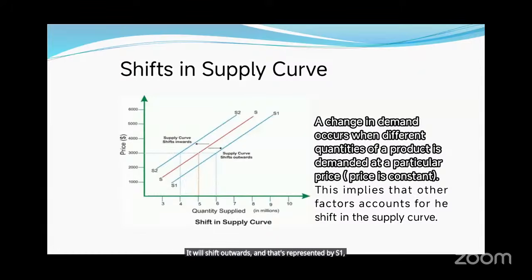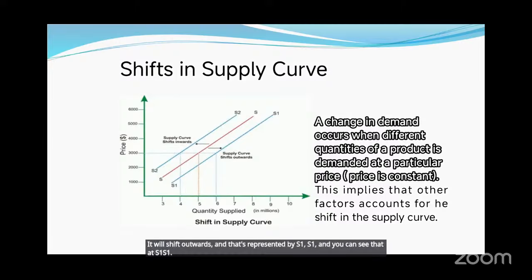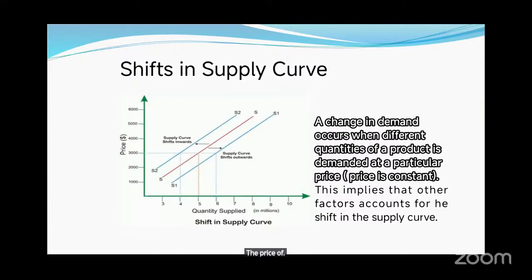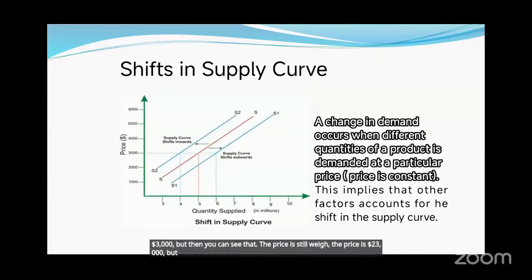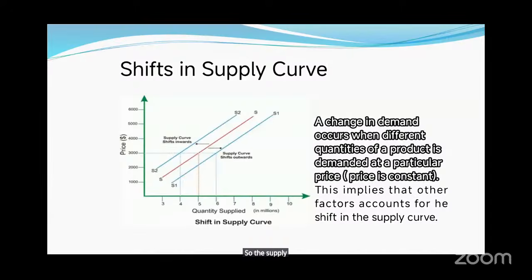You can see that at S1, the price is still $3,000, but supply has increased to 6 million. So the supply curve has shifted outwards, representing an increase.